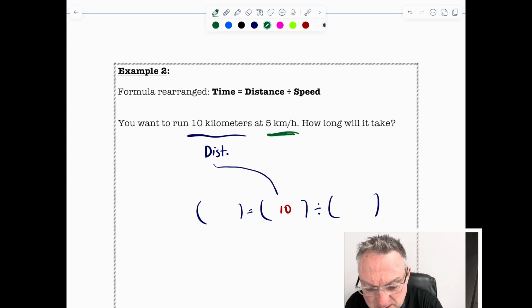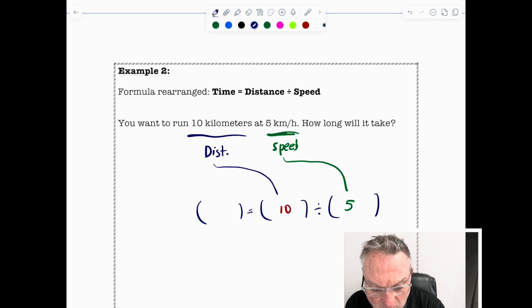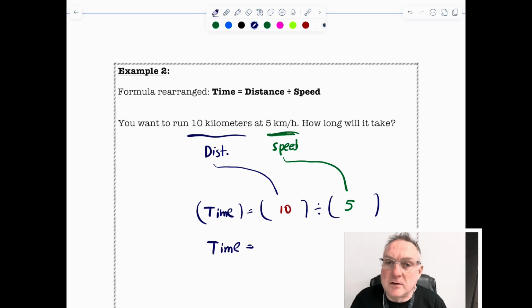So that's my speed. Oh, I'm sorry, I put the distance in the wrong place. Oh, no, I'm sorry. I got confused here. This is time. And so time is equal to 10 divided by 5, which is 2 hours.